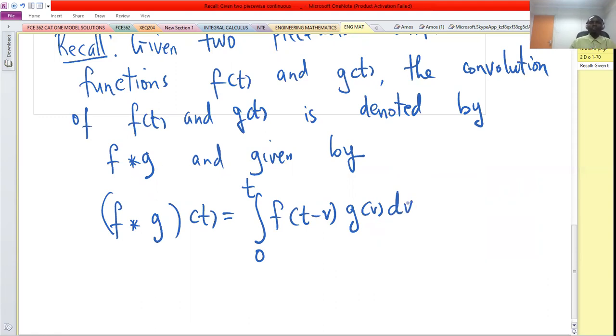So this is how we define the convolution of two functions, f and g.